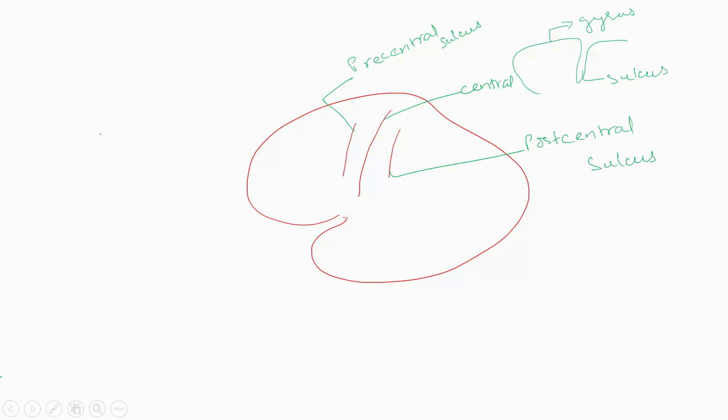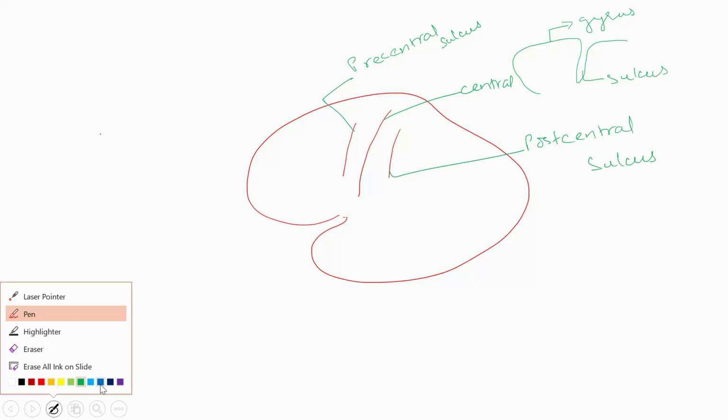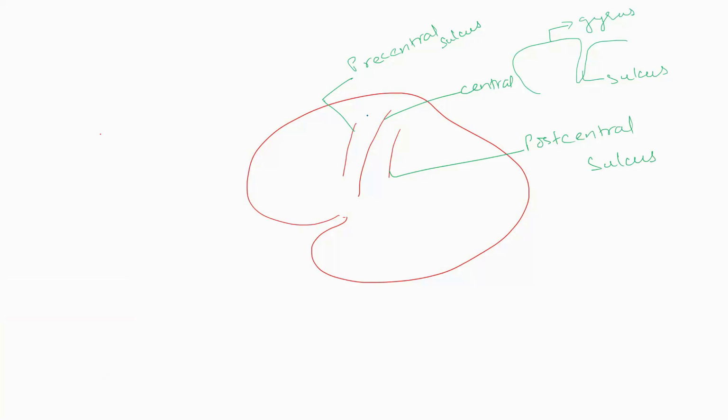What is the next thing we want to know? We want to know where our motor areas are, which are basically present in the gyrus. This area, which is in front of the central sulcus, is my primary motor cortex.